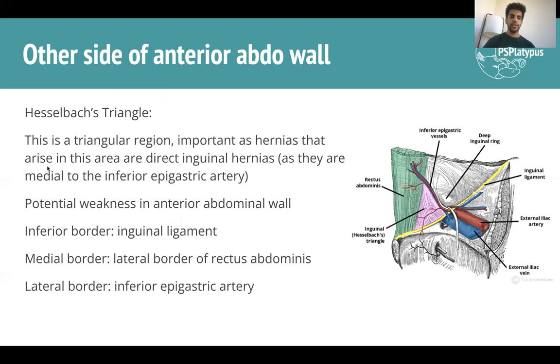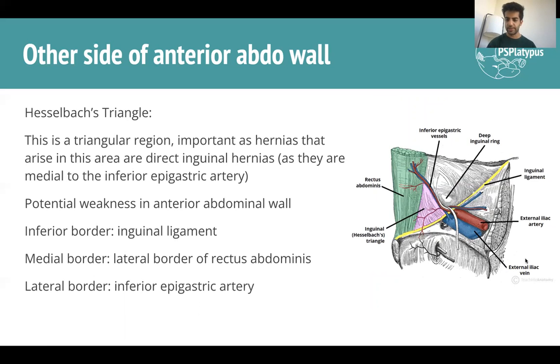Okay, another major landmark is Hesselbach's triangle. Now this picture can be kind of confusing. We're again looking from the inside to the outside. This is medial, this is lateral, superior, inferior. You have this vertical muscle going up and down, which is your rectus abdominis. So we're on the right side, lateral to the right rectus abdominis, near the bottom.